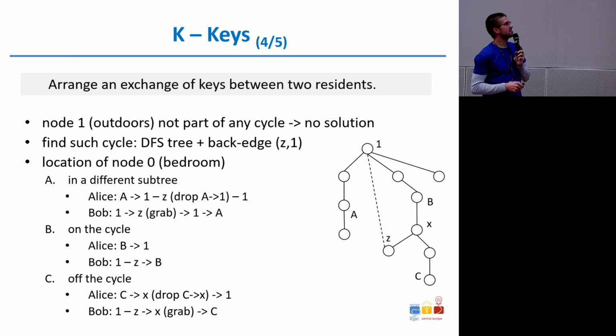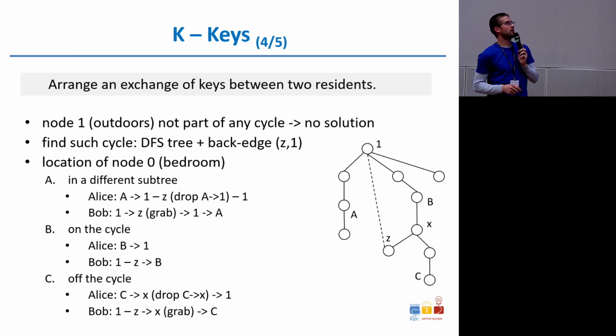Now we'll consider a couple of cases depending on where this 0 node, so the bedroom, is. It could be in this node A, in this node B, or this node C. So the first case, if it's in A, so if it's in a completely different subtree separate from the cycle, then what we can do, so Alice can go from A to 1, then she can follow the edge to Z, drop off the keys for this initial path, and then move back.